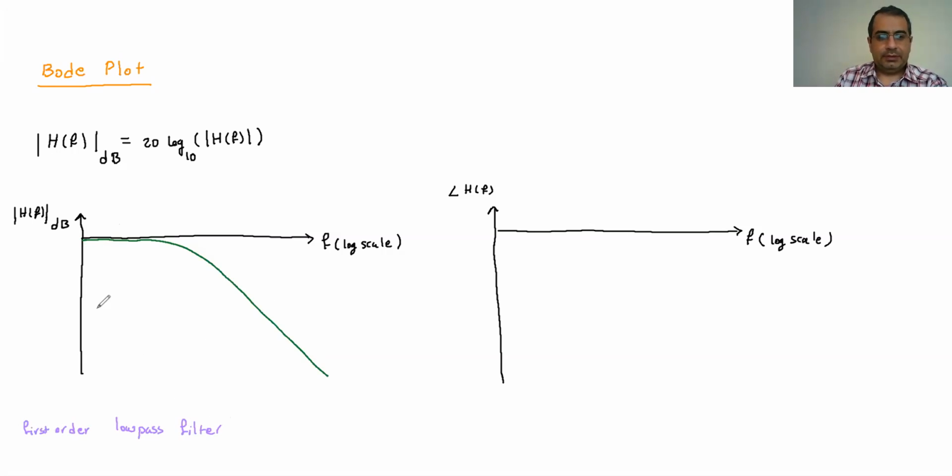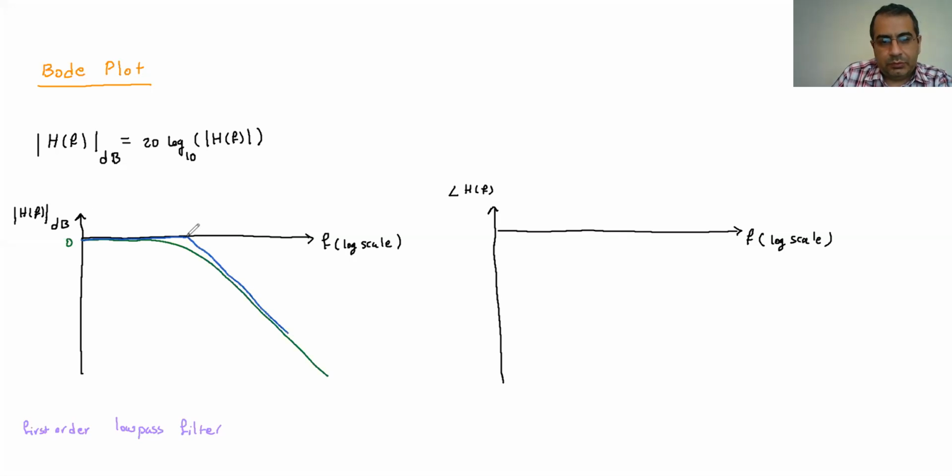When you draw it in this scale, you can see that up to this point, which is 0, this is the part that is let to pass through, and when it goes to a very negative number, this is the part that is rejected and doesn't pass through. Usually they plot them with 2 lines: one line going straight ahead up to here, and another line going from there to there.